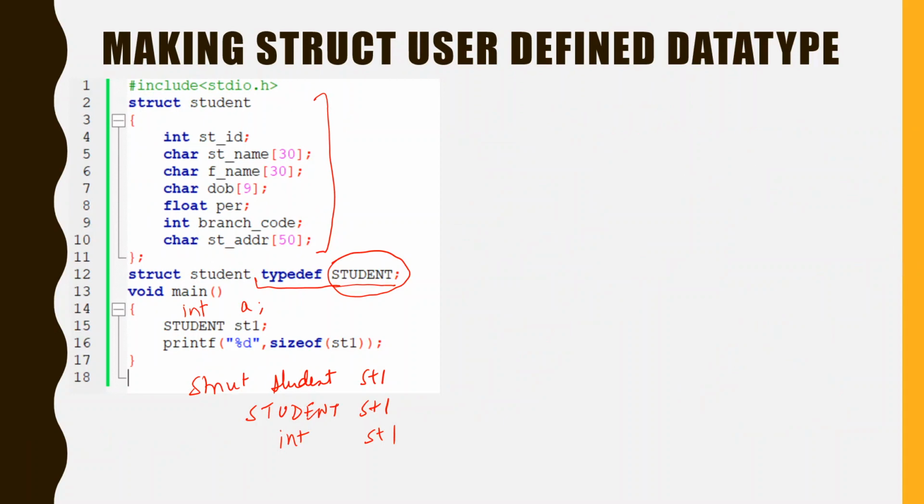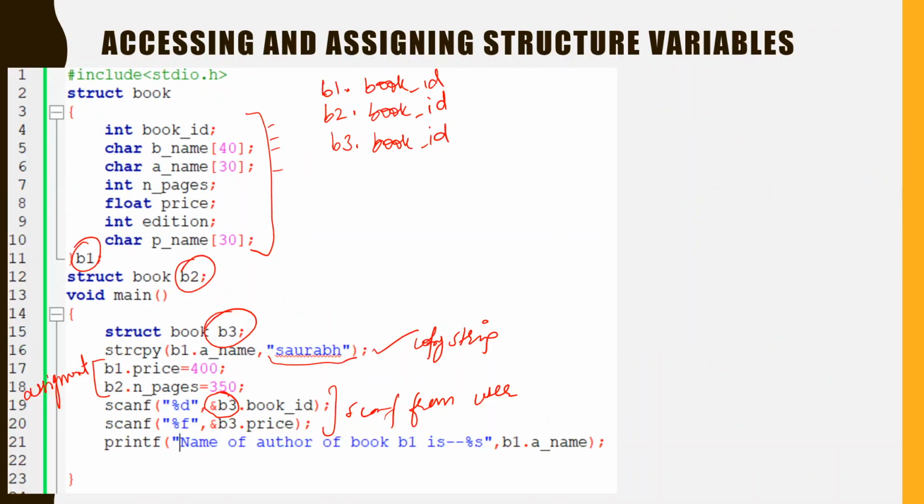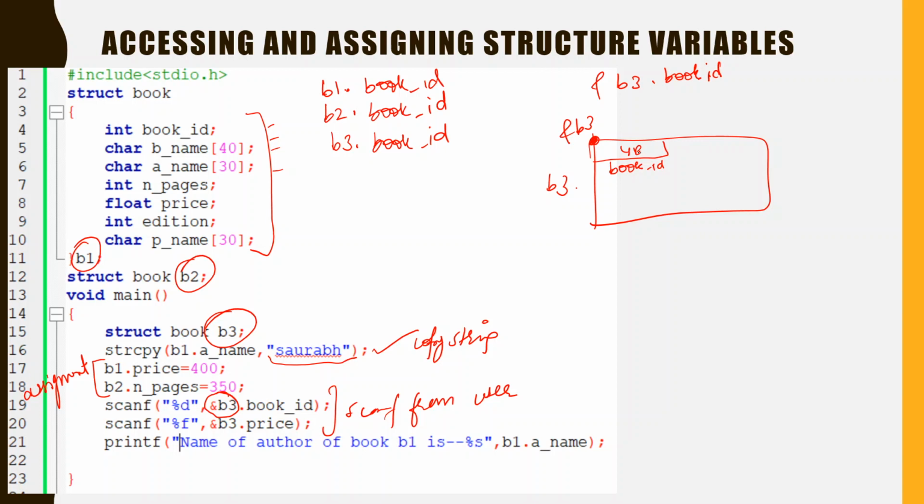So if it is written like ampersand b3 dot book id, it means in the memory block which belongs to b3, with its base address, the book id is the first 4 bytes. So this is asking for a value to get stored in these 4 bytes. This is what this statement means. Now here you can also see ampersand b3 dot price.